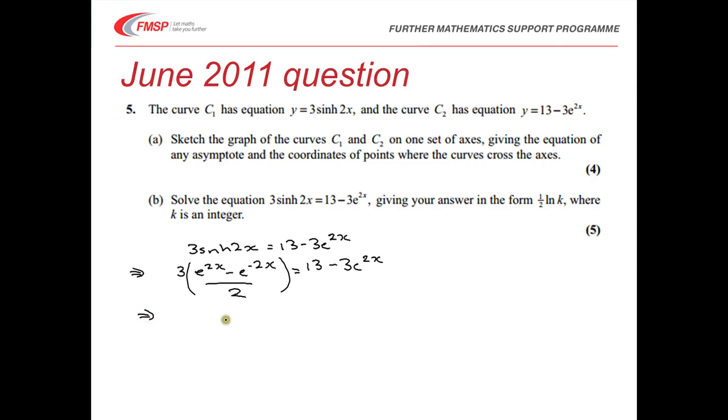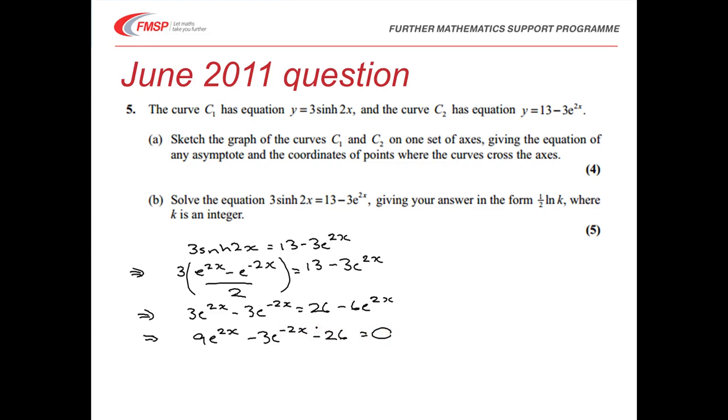So I'm going to multiply through by 2. So we have 3e to the 2x minus 3e to the minus 2x equals 26 minus 6e to the 2x. So now moving that across, 9e to the 2x minus 3e to the minus 2x minus 26 equals 0.